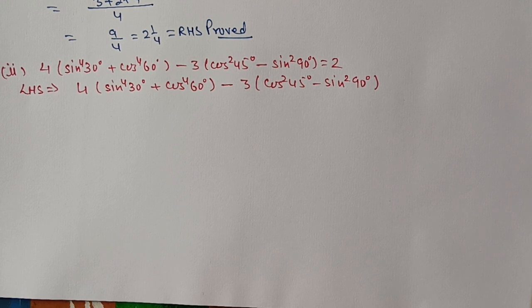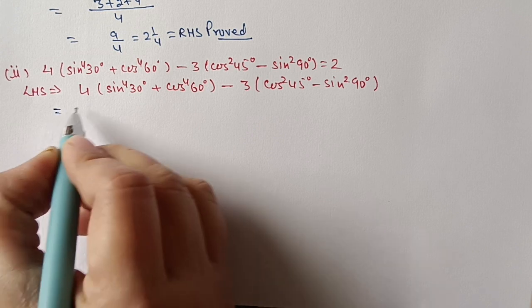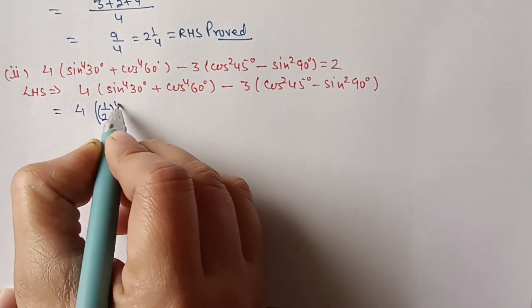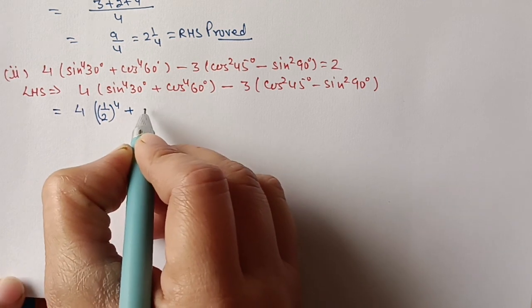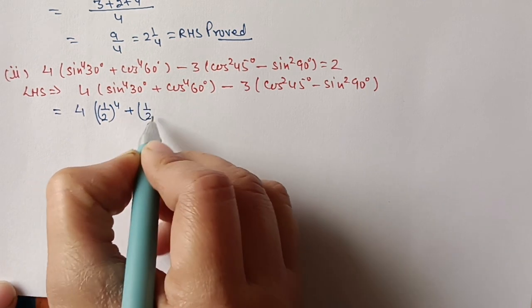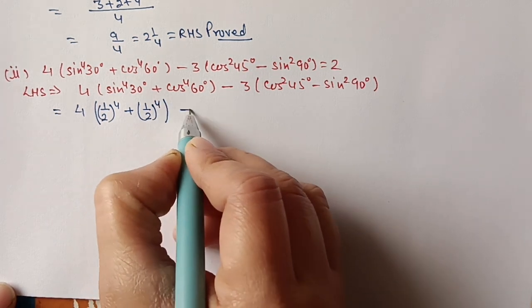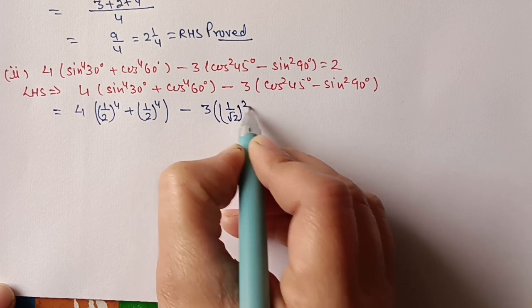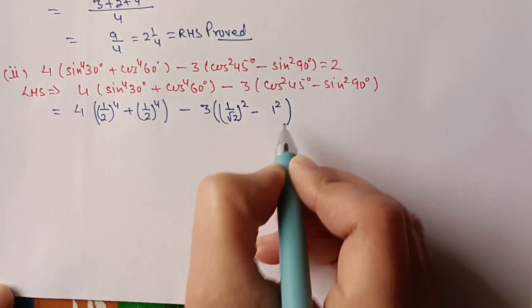Next, second part: 4 sin to the power 4 30 plus cos to the power 4 60 minus 3 cos square 45 minus sin square 90 is equal to 2, we have to prove. So I have taken the left side and I am substituting values here. 4 sin 30 is 1 by 2 and power 4, plus cos 60 is 1 by 2 and power 4, minus 3 cos 45 is 1 by root 2 power 2, sin 90 is 1.